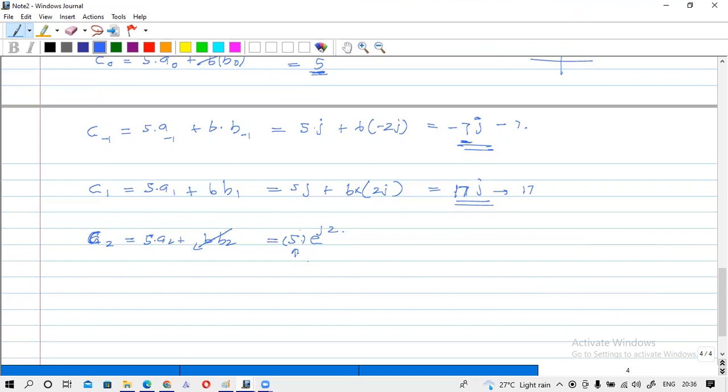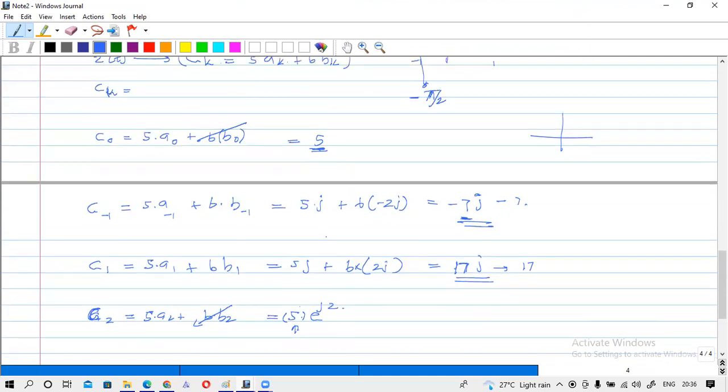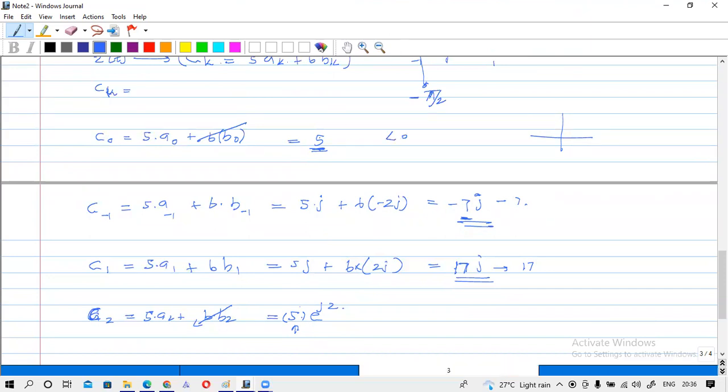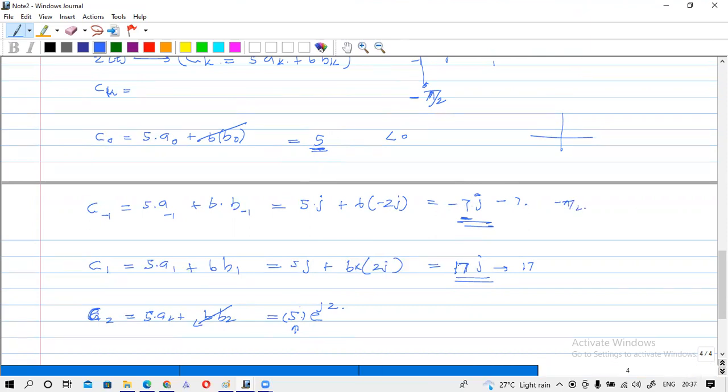So you can very easily draw the magnitude plot, and you can also draw the phase plot. Phase here is 0 because it is totally a real number. Here it is minus j, so phase will be minus pi by 2. It is 17j, totally a positive imaginary number, so here it will be plus pi by 2.